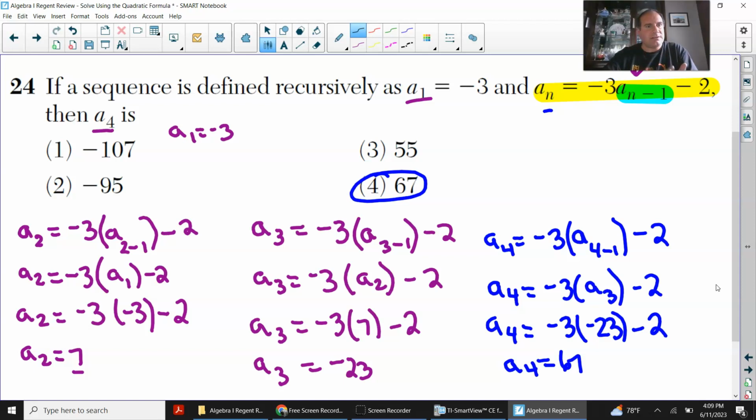Start off with a sub 2. 2 is n. So every time you see an n in this formula right here, I'm going to substitute the n. And then just rewrite it. Go step by step. Don't skip. Don't rush.